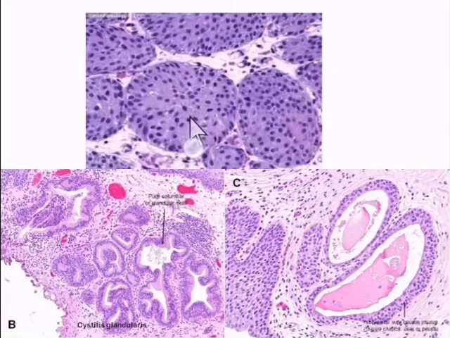With time, sometimes the cells in the center undergo metaplastic change تتحول إلى columnar or cuboidal cells. This is called cystitis glandularis.